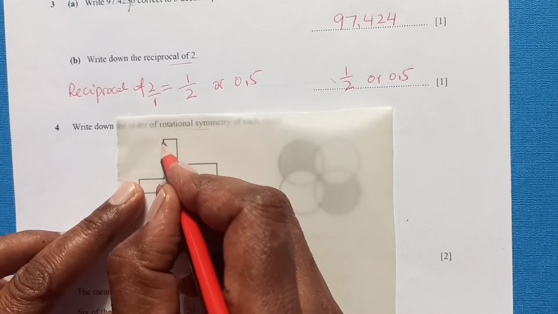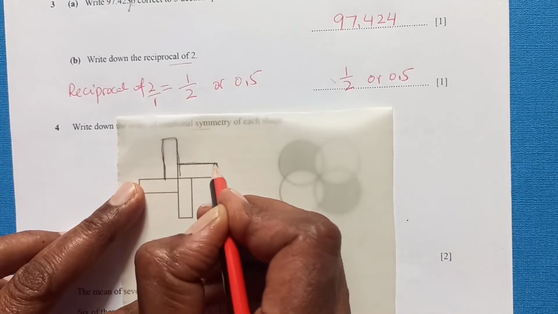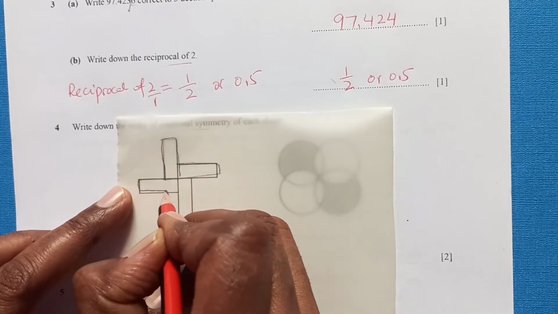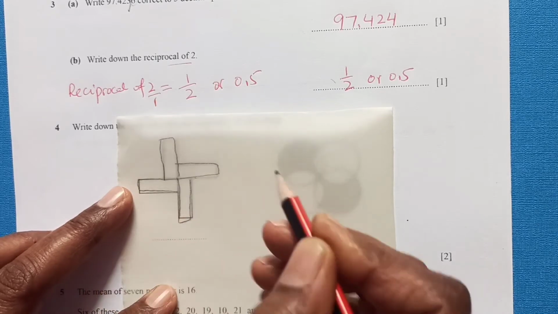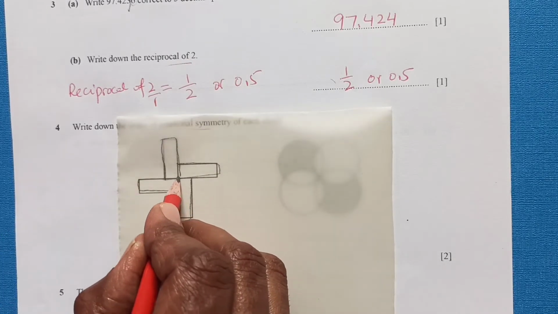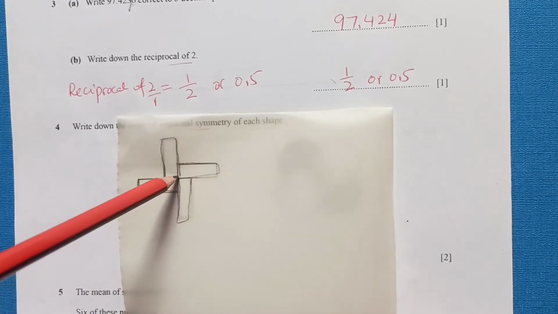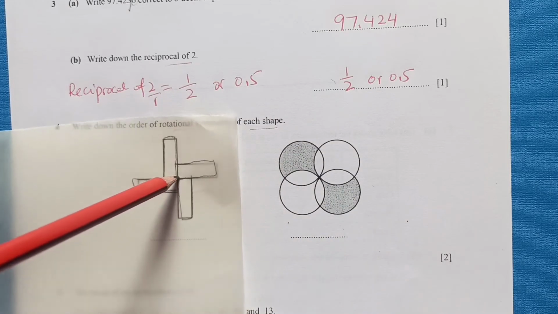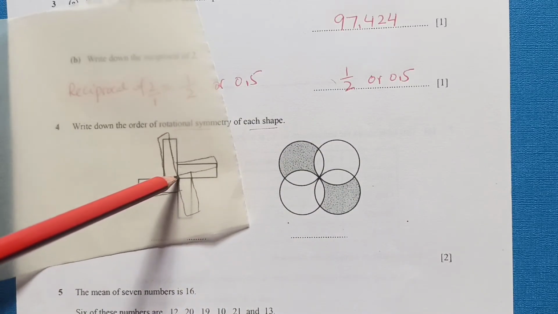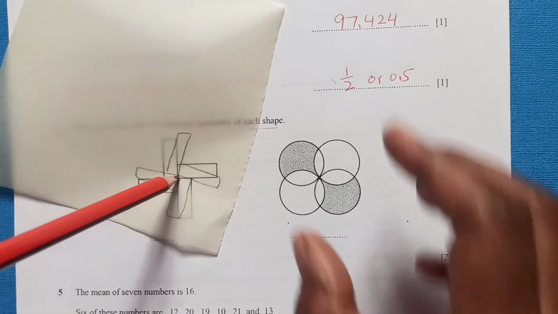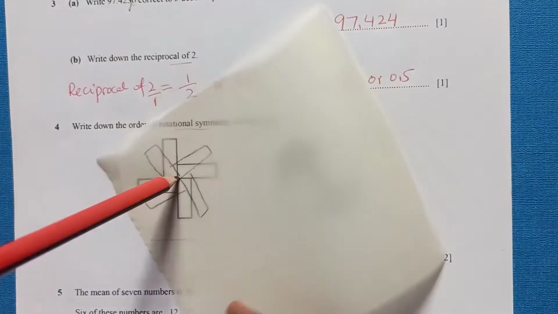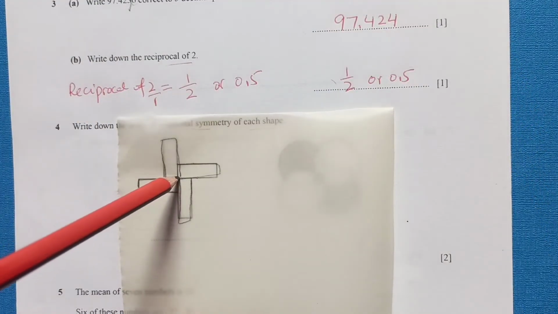If I talk about this one, you can just draw a rough diagram. Now see, put your pencil here so we can see how many times. 1, 2, then you are getting 3 and 4. So we are getting the same shape 4 times.